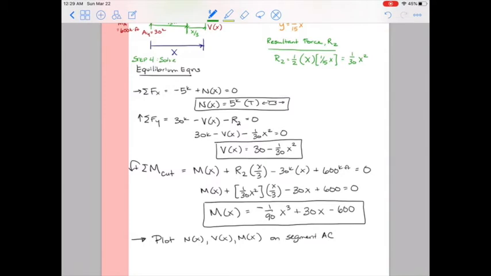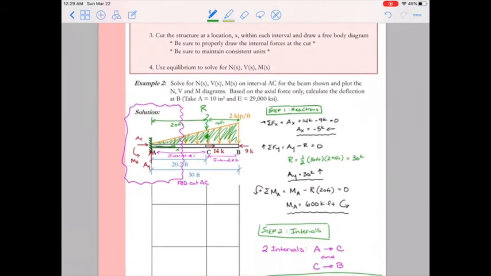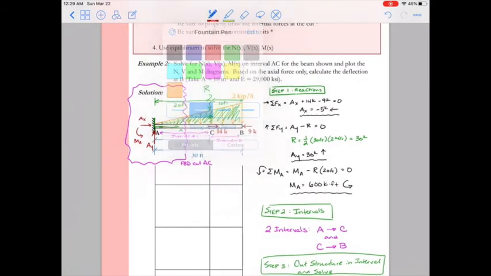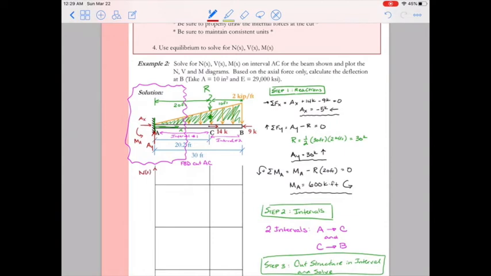Let's just add that into the notes so that they're complete. All right, so using those functions, I'm going to plot my axial force first. We said it was 5 kips. It didn't change between A and C, so it was a constant 5 kips of tension between those two points.